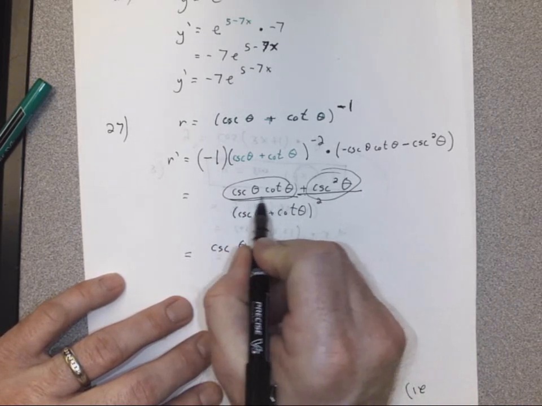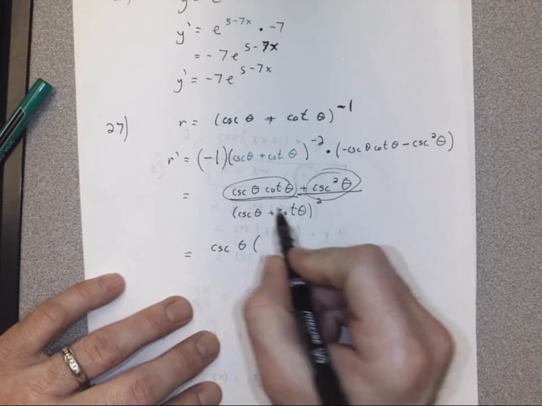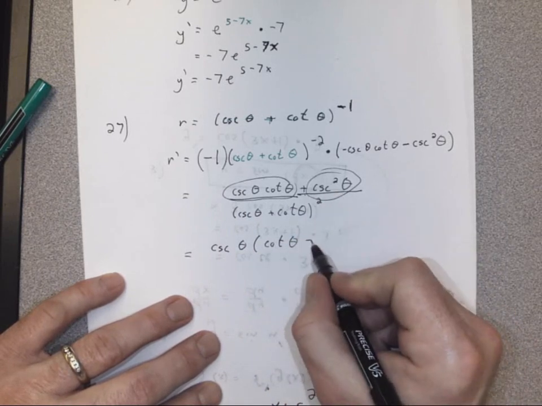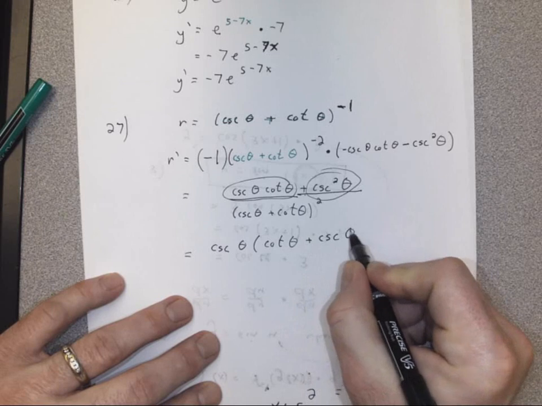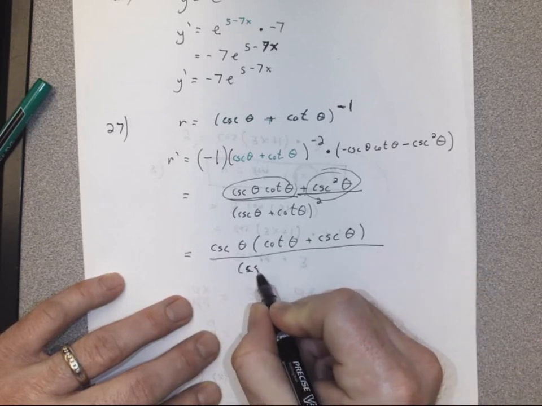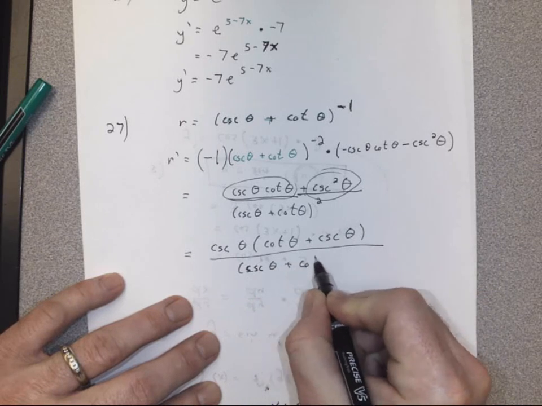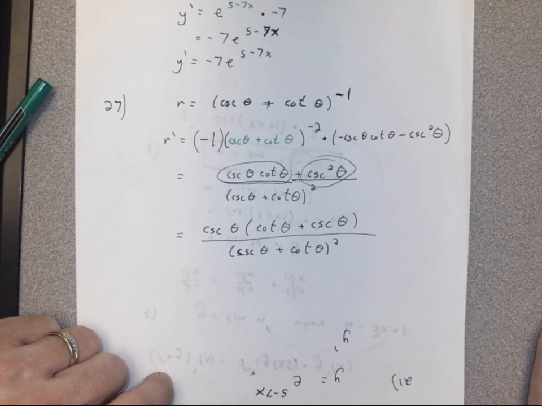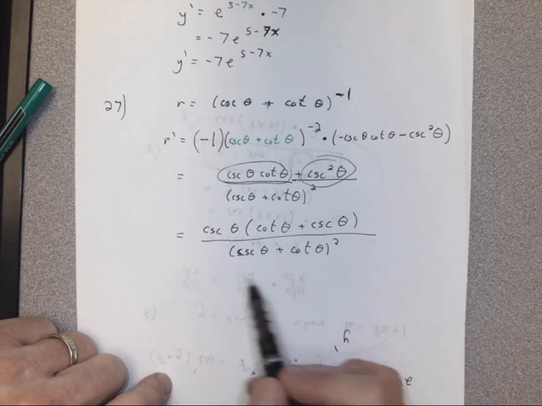What's left here in the first term? Cotangent theta. What would be left here if I take one of them? You guys seeing that this shares something now? Can I cancel a little bit more here?